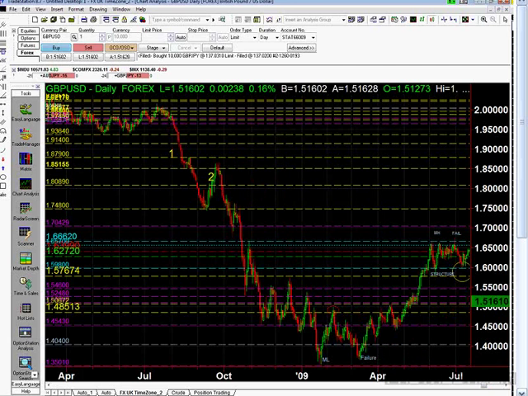You can begin to see that the pound dollar has been rallying from 151 all the way up to 162. Now we all know fundamentally that the UK is in serious economic trouble, yet the pound appreciated 10% against the dollar. Fundamentally, you have to have a general understanding.